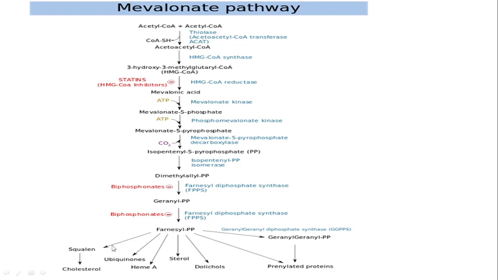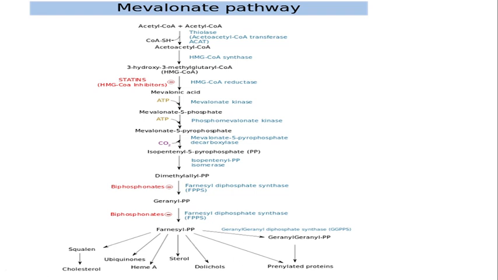produced. Squalene, from squalene or sesquiterpene, it will produce cholesterol and ubiquinones and heme A, sterols, geranylated proteins, prenylated proteins, all these are produced from farnesyl pyrophosphate.